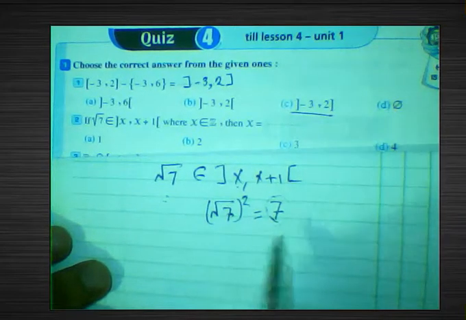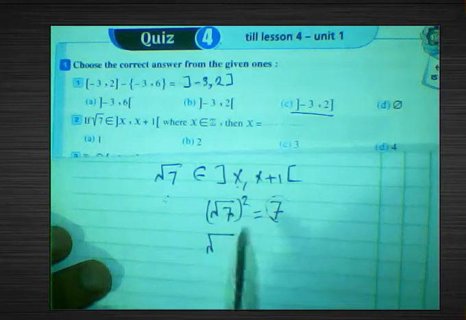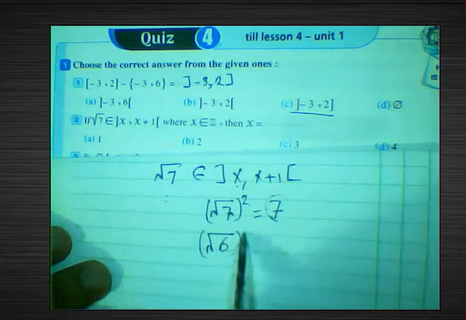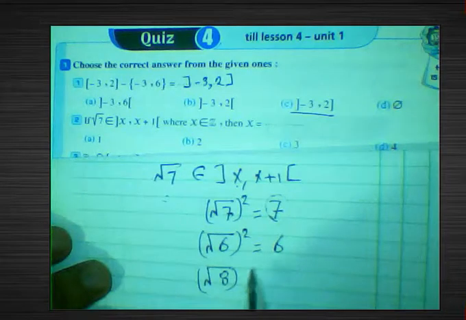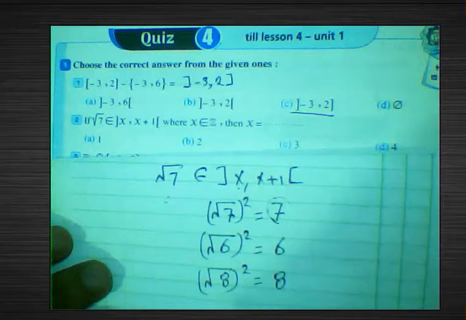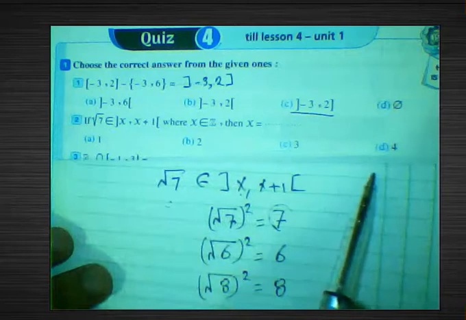It's okay, and 7 lies between 2 numbers, such that root of 6 to power 2 equals 6, root of 8 power 2 equals 8, and so on. So x will be 1 or 2 or 3 or 4.